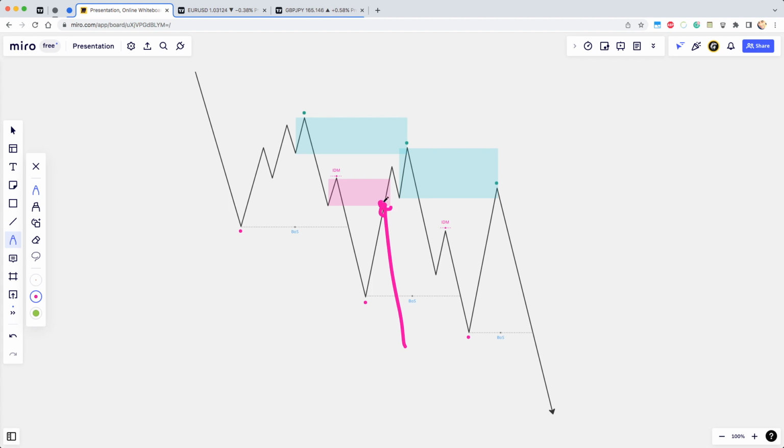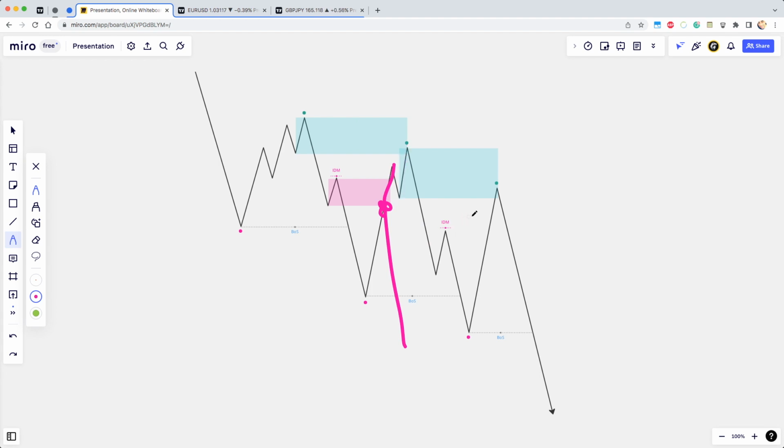right? From this point here, but it doesn't, because the big guys will stop out everyone first, and then perhaps in this scenario we'll tap an extreme IFC, right? And then move to the downside, okay?